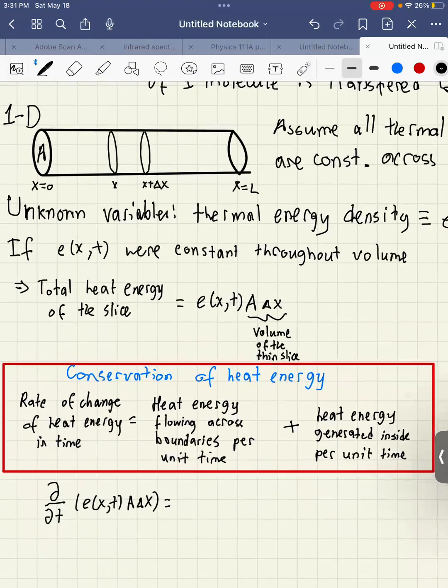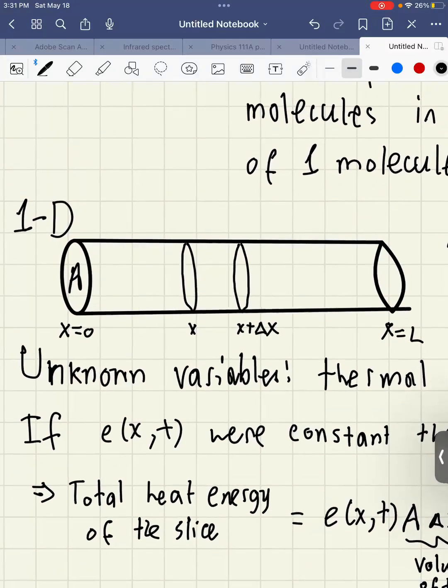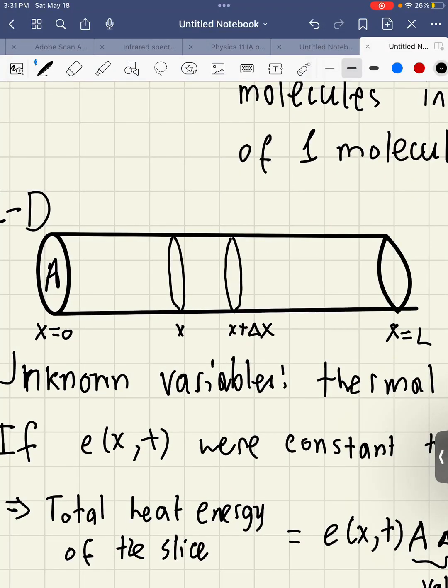So we know that there is thermal energy flowing into the boundaries and out of the boundaries. We define this as a heat flux, which is the amount of thermal energy per unit of time flowing to the right per unit of surface area.